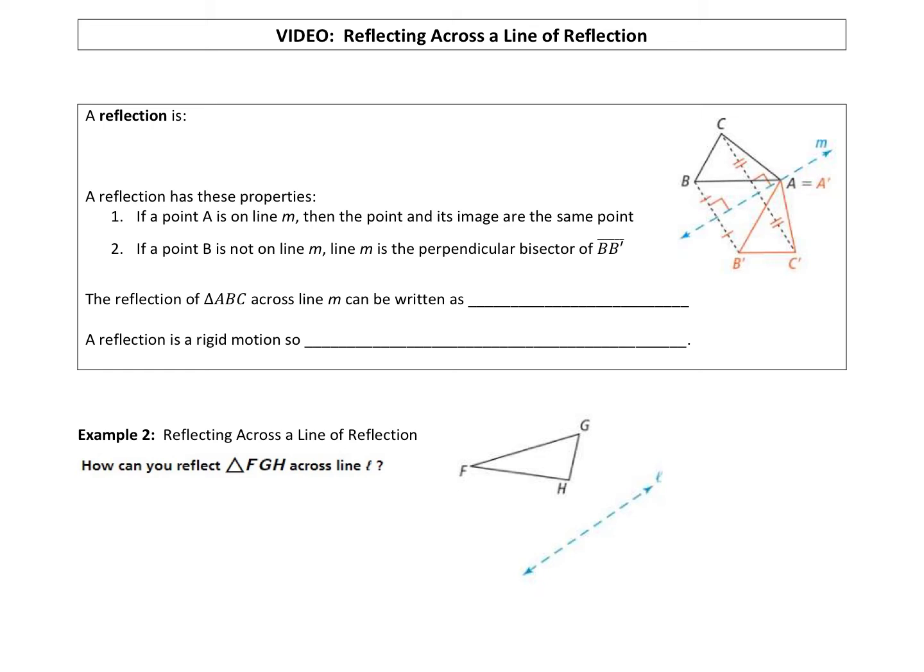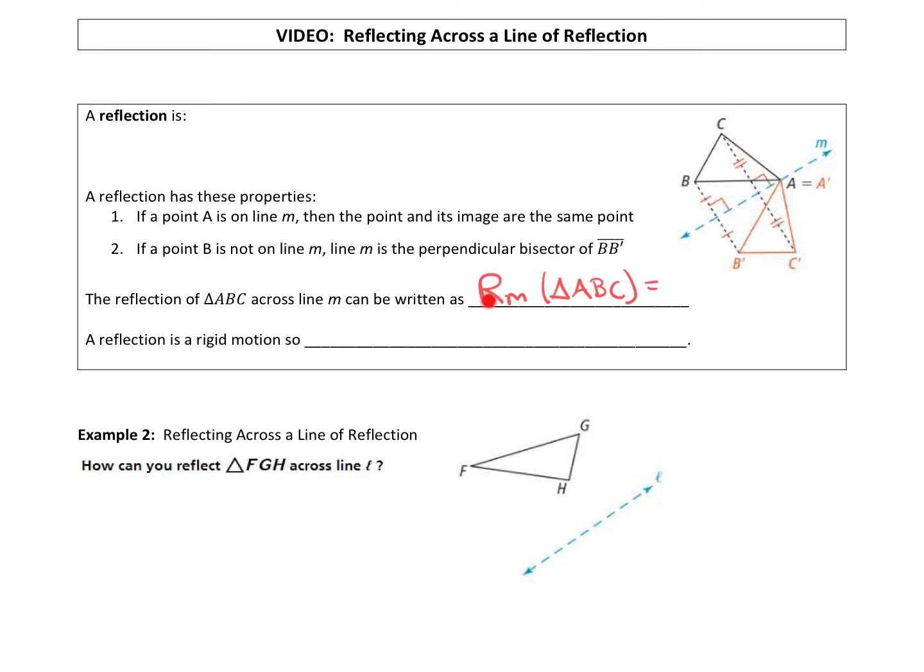The reflection of triangle ABC across line M can be written with some notation. This capital R stands for reflection. Whatever we put in a subscript down here is the line that we're reflecting across.